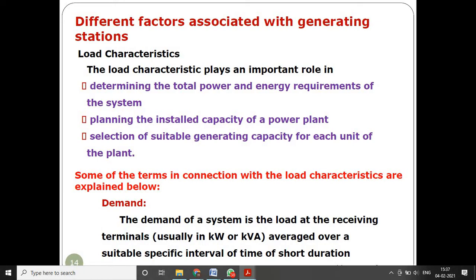Demand of a system is the load at the receiving terminal, averaged over a suitable specific interval of time or short duration. So demand means what amount of power or energy is required by the consumer in kW or kVA.